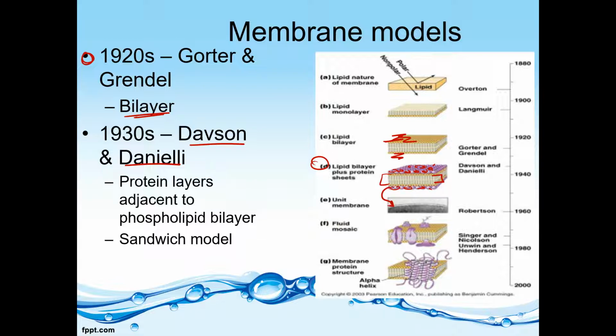We could actually see them with our very first electron microscopes. So Davson and Danielli were like, all right, we've got two layers of protein, kind of like bread, surrounding our phospholipid bilayer in the middle, and they called it their sandwich model. It was a really good model, considering the data and the technology that we had at that time.